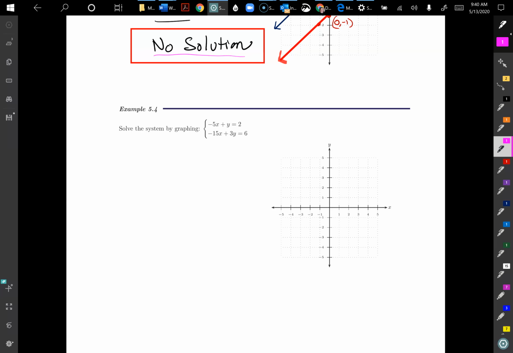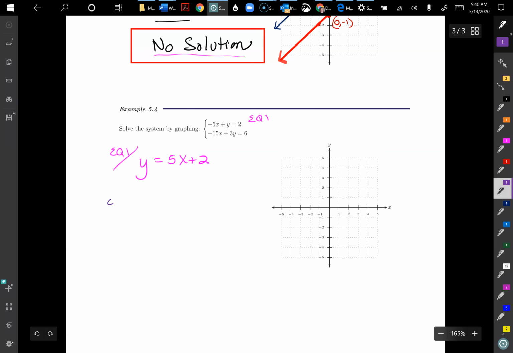So let's go ahead and rearrange this equation, the top one here, and we will write it as y equals 5x plus 2 for equation 1. And then equation 2, I'm going to rewrite as 3y equals 15x plus 6.